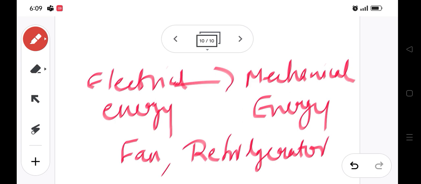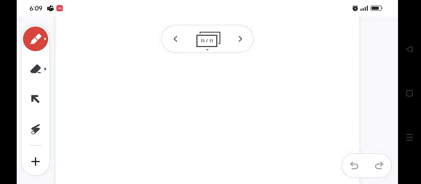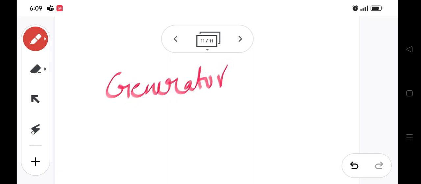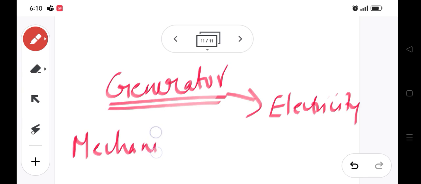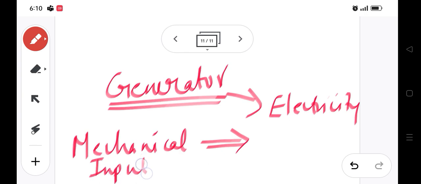And the reverse phenomenon that we can see in generator. Generator, from the name itself we get electricity, that is electricity is generated here. Okay, so what are we providing? We are providing mechanical energy here to work. So this is the input, and output is electrical energy.